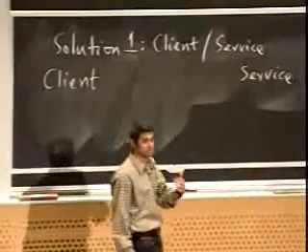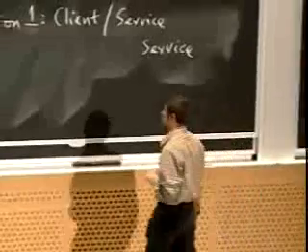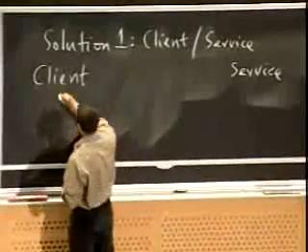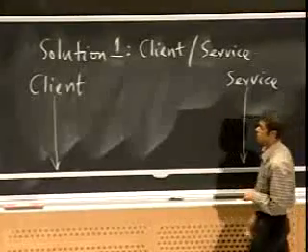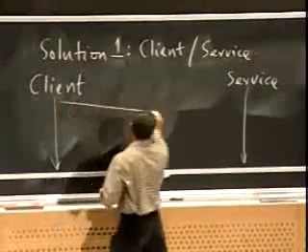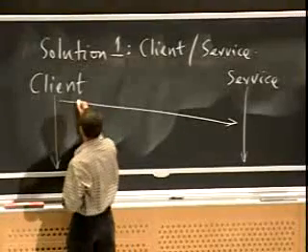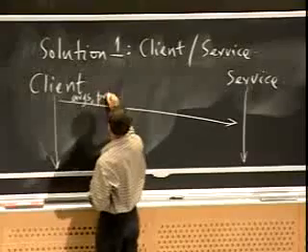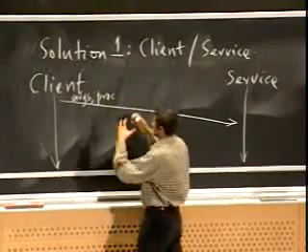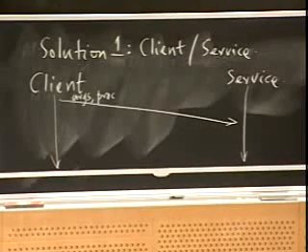And we're going to take these messages, use the communication path abstraction, and send messages from the client to the service. So imagine that time flows downwards, starting from when the client invokes the service. The client sends a message to the service saying, here's all the arguments, and here's the procedure that I want you to run, and it packages that information up into a message and calls send.